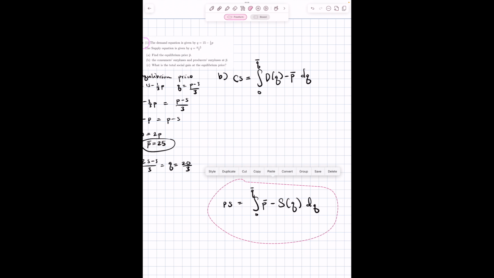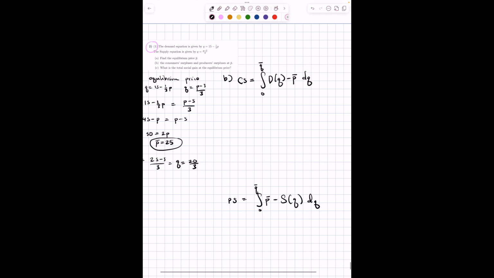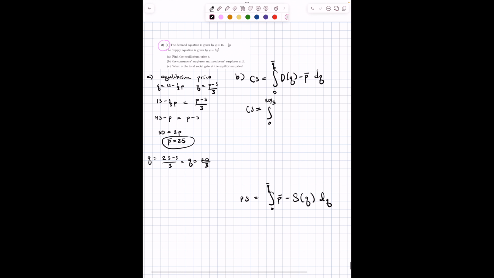I have that consumer surplus CS is equal to the integral from 0 to Q bar, which is 20/3, of dq.